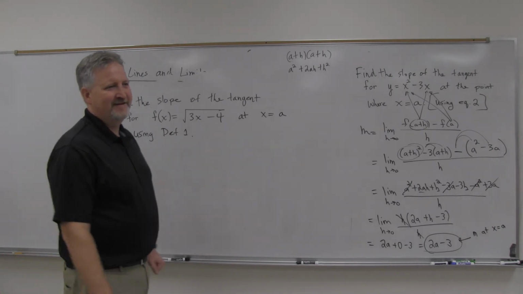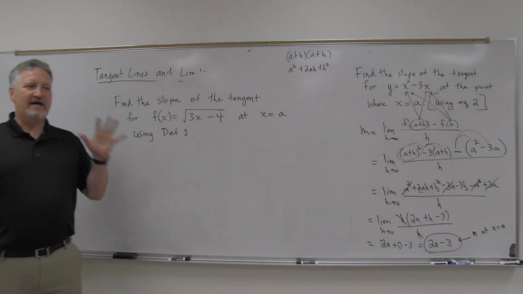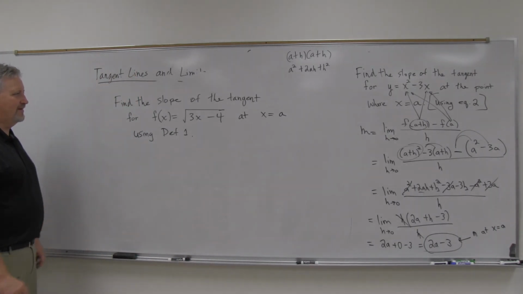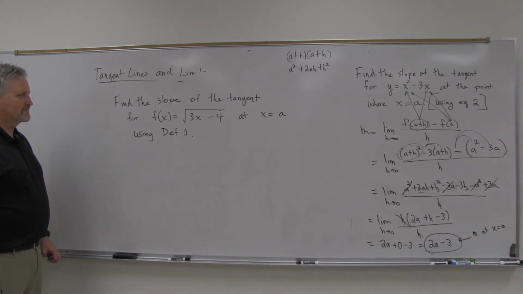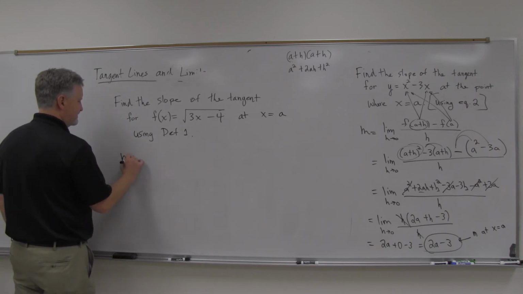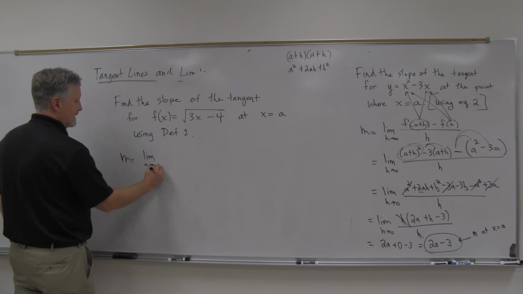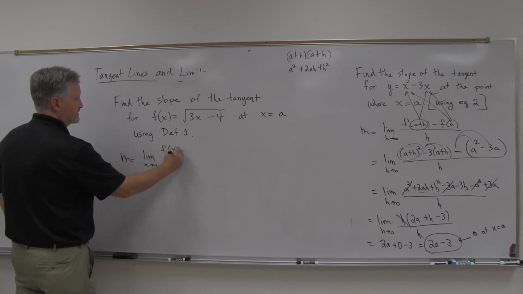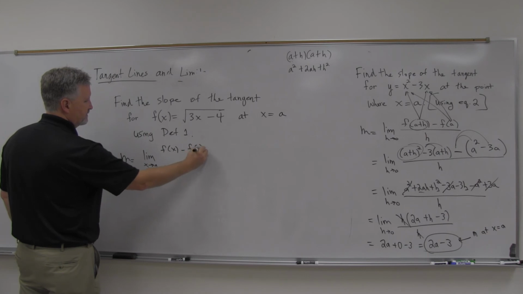Use definition 1 to do this one, because they want you to do both types. Definition 1, slope of the tangent: it's the limit as x approaches a of f of x minus f of a over x minus a.